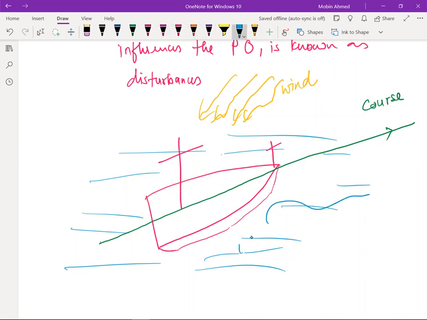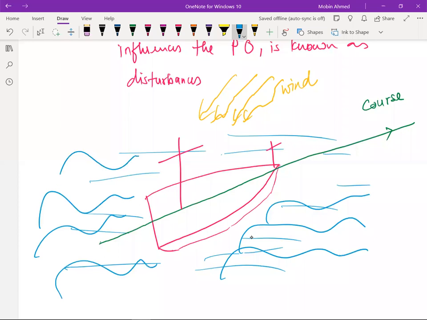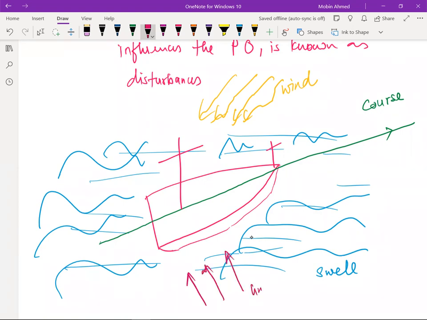So there is a swell also in the water. So in the water we have the swell. And there is an underwater current. Okay, so suppose the underwater current is in this direction. This is the underwater current.